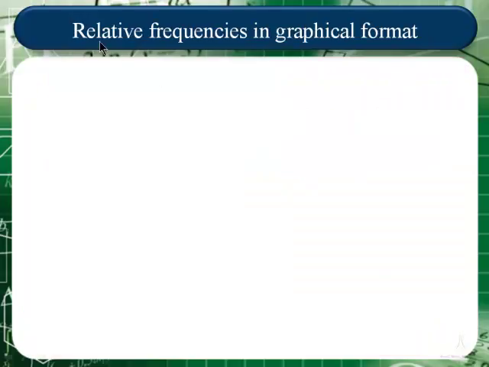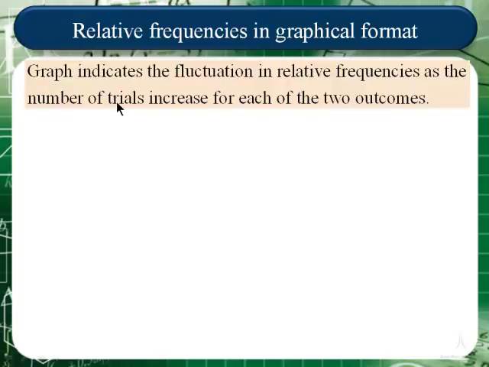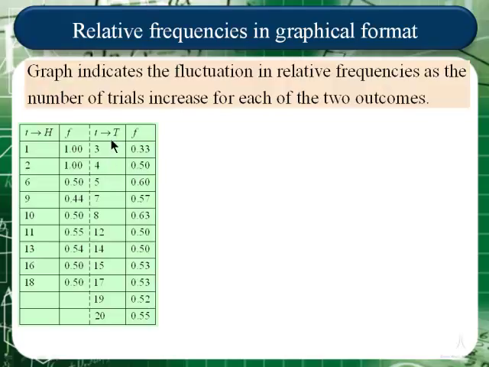Let us look at the previous example of relative frequencies, but now in a graphical format. So we look at the graph which indicates the fluctuation in relative frequencies as the number of trials increase for each of the two outcomes. This is the table we had before.